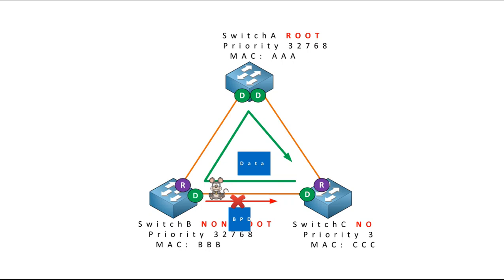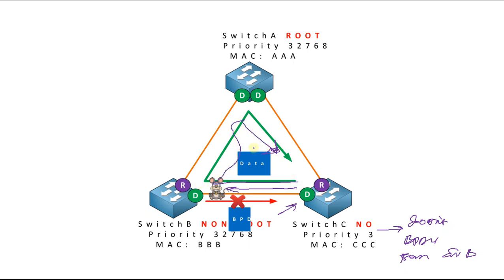As a result, switch C is not receiving any BPDU from switch B. But it's very odd, because switch C can still send BPDUs to switch B. So this port will become forwarding and a unidirectional loop happens in this network topology.